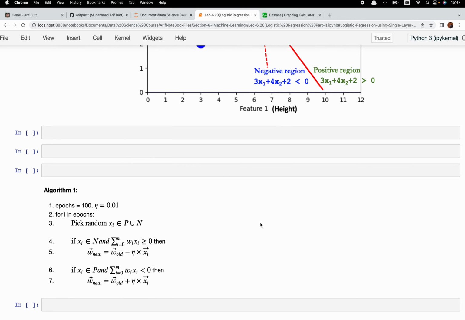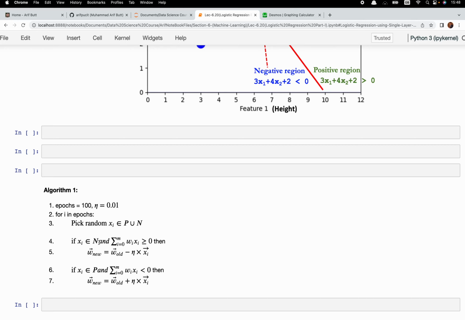So this is the algorithm. In line 1, I have initialized the number of iterations or epochs to 100 and the learning rate to 0.01. In each iteration of the loop, I pick up a random point, which can be from the positive side as well as from the negative region.